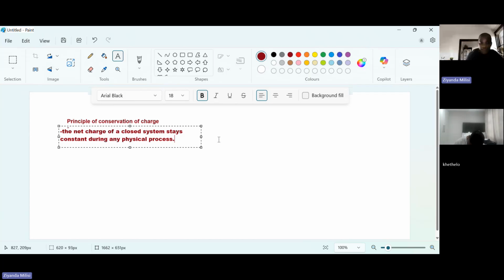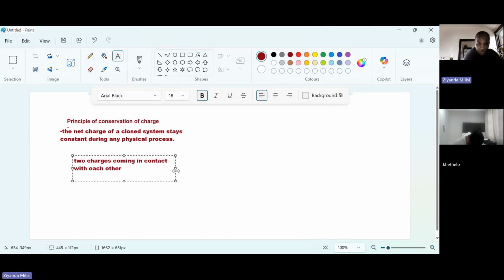Now, how do we do that? We are looking now at the principle of conservation of charge. Remember here, if we've got two charges coming in contact with each other, what is going to happen?